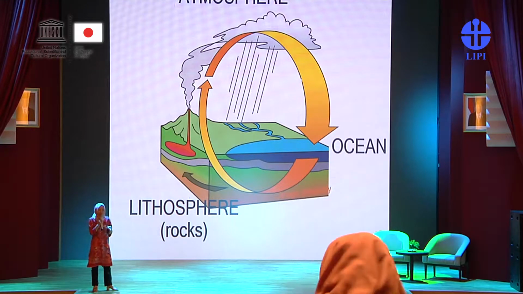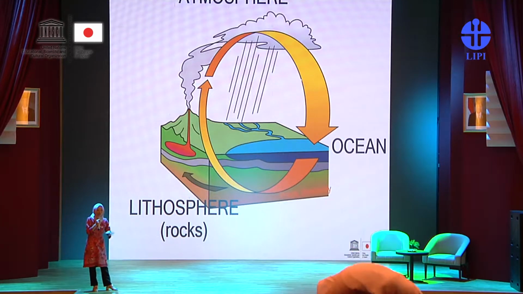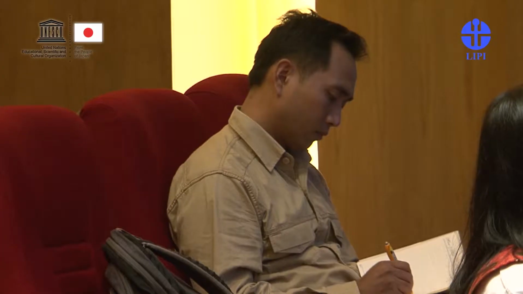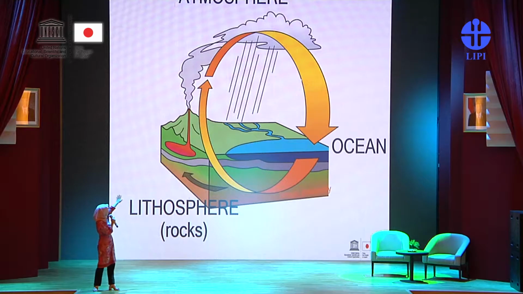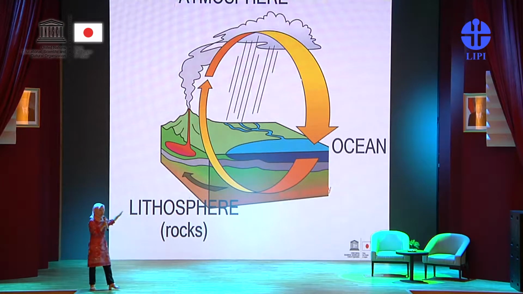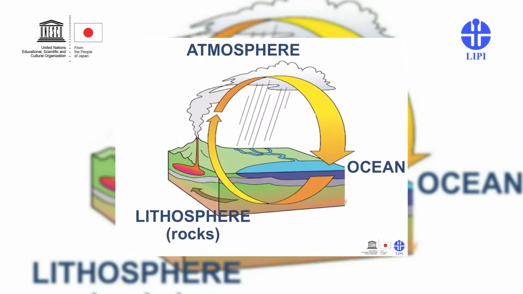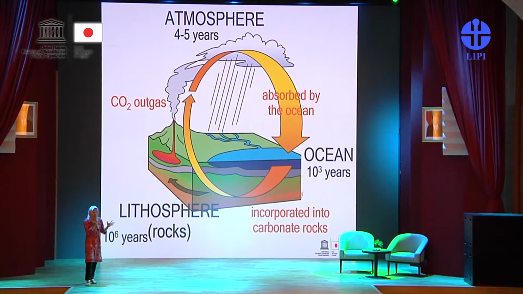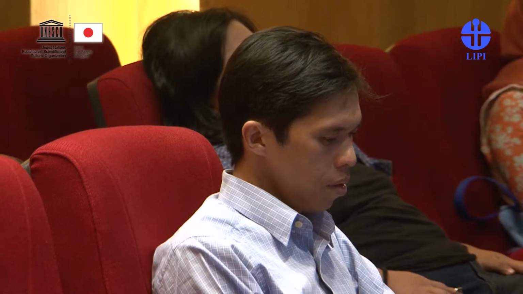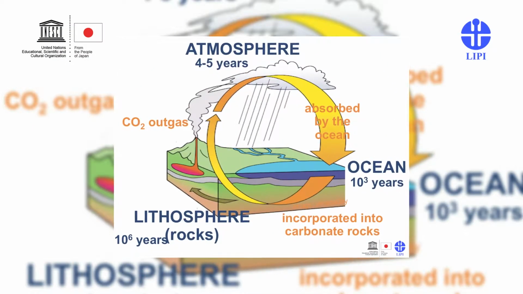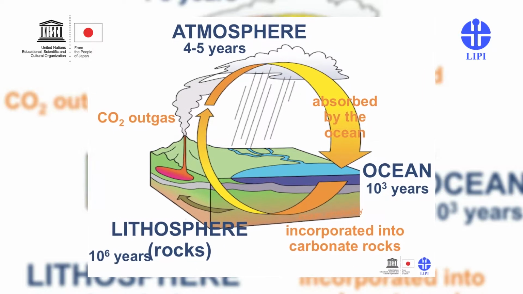Now, let's think about greenhouse gas and how it flows through different parts, or reservoirs, of our planet. We have the atmosphere, we have the oceans, and we have the lithosphere. Lithosphere is rock formations. Carbon goes through all these processes. It gets released from the rocks into the atmosphere through volcanoes.